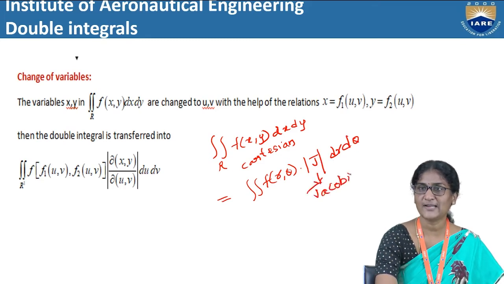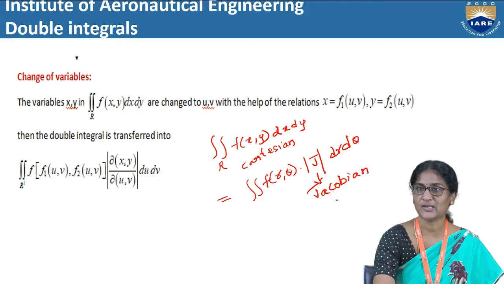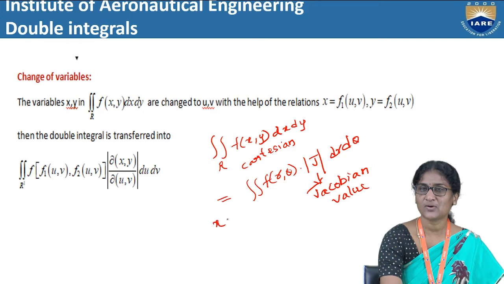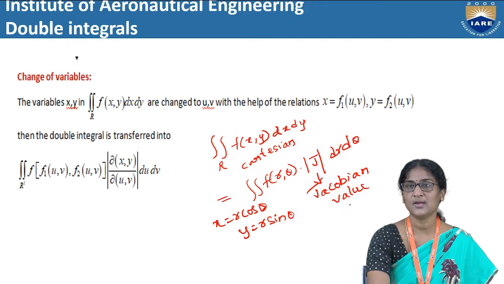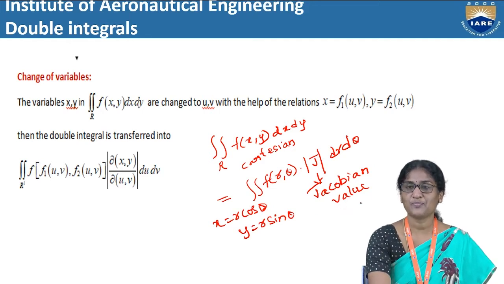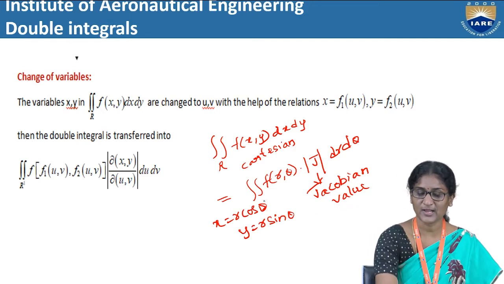So we have to multiply the function by the Jacobian value and convert the function, where x is equal to r cos theta and y is equal to r sin theta. If you maintain these values, then the Cartesian question is converted to polar form. In the polar form, you have to find the limits.